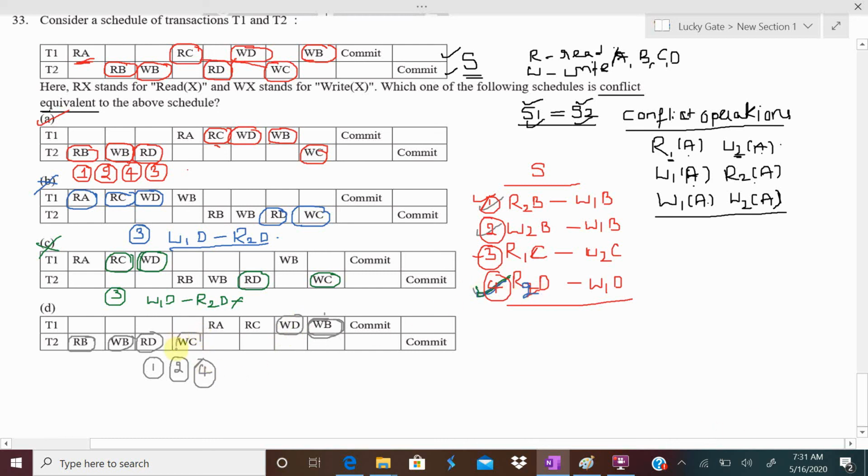Write C has a conflict with read C, that is write 2C, so it is a conflict from 2 to 1. But in the given schedule the same conflict is in the order from 1 to 2, because it is read 1C write 2C. But here it is write 2C read 1C, means this conflict is not satisfied. So option D is also an incorrect option. So the correct answer for this question will be option A.